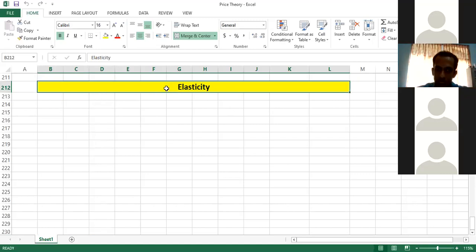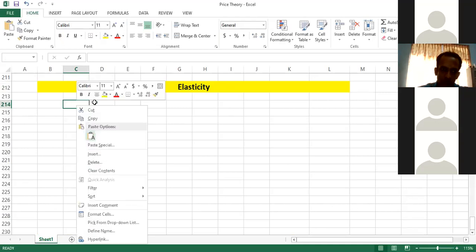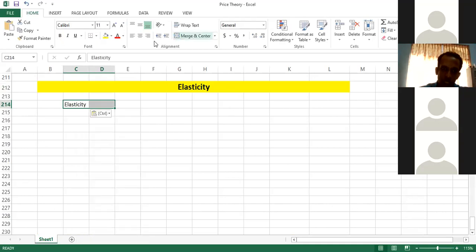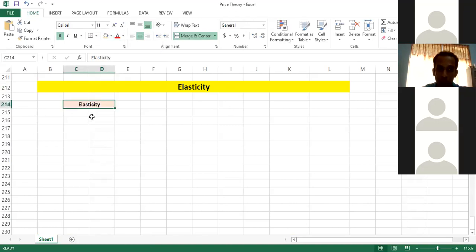Right. So elasticity, as we discussed, is one important concept in economics. What is the meaning of elasticity? Price response. Elasticity is the response, exactly. Elasticity is the responsiveness, right?